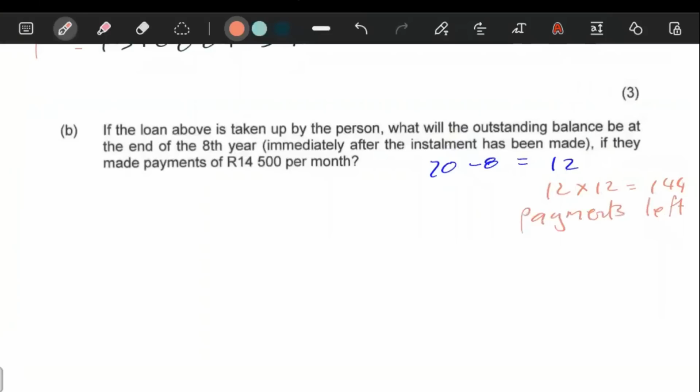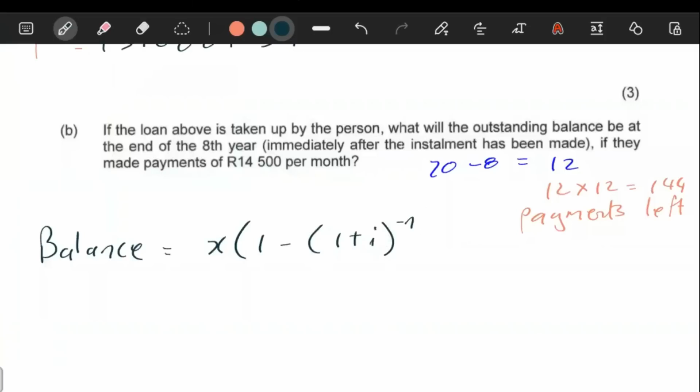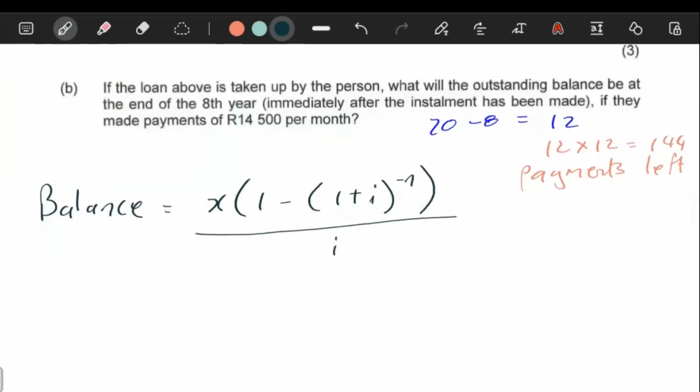So since we now know there's 144 payments left, our balance, as we said, is equal to x, 1 minus 1 plus i, the whole thing to the power of negative n, the whole thing over i.